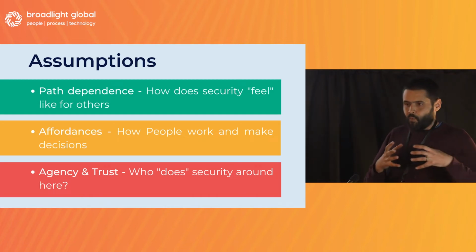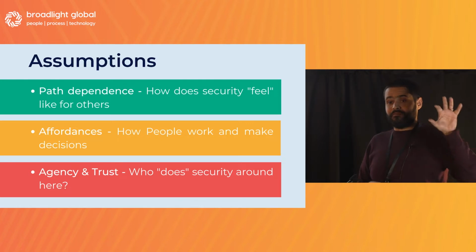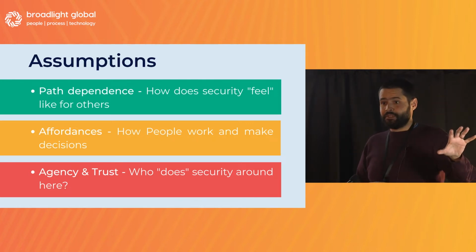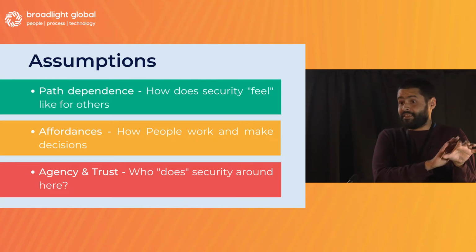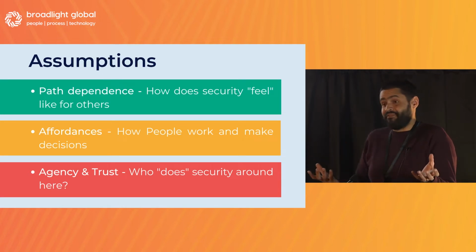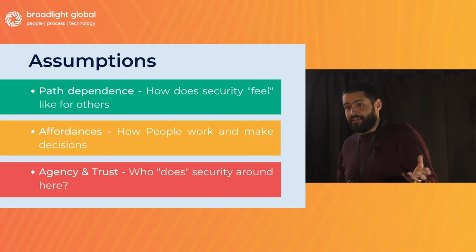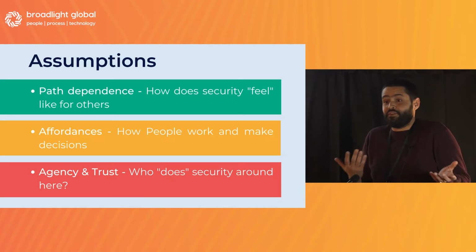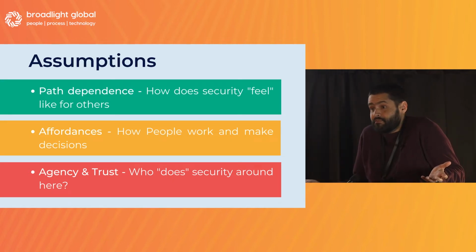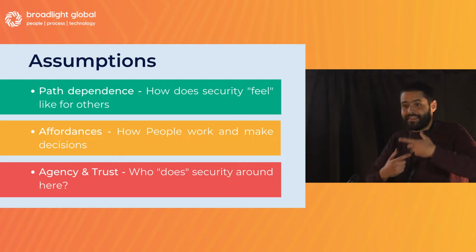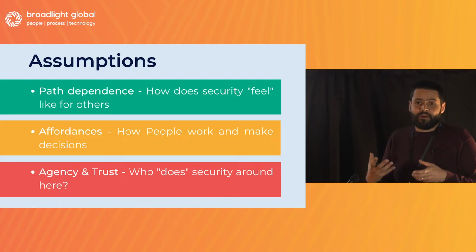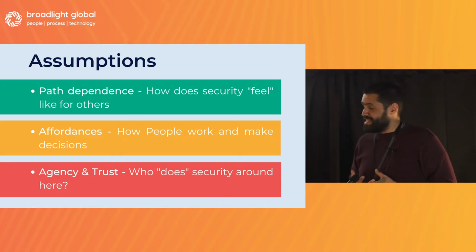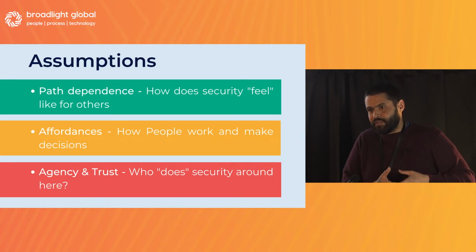When we take agency from engineers, from developers, from what it is that they work on, they will typically have less ownership of it. If I'm telling you that you need to do this at this time, that way, you don't feel like you own it. It's just something that you need to do. When we start thinking about how to integrate security into organizations, the issue of agency becomes really important.